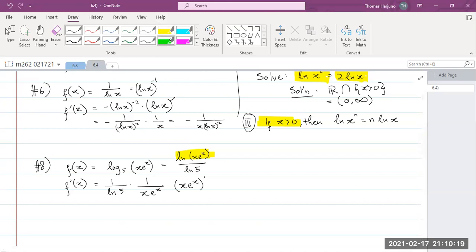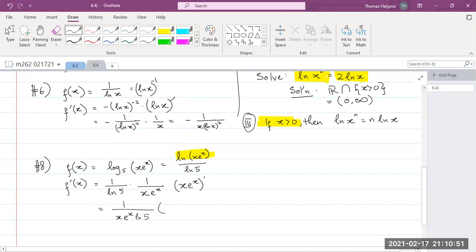So this is the change of base. And the derivative of natural log of blah is 1 over blah times the derivative of blah. I do the change of base first. Now then put things together. This is 1 over x e to the x natural log of 5 times.